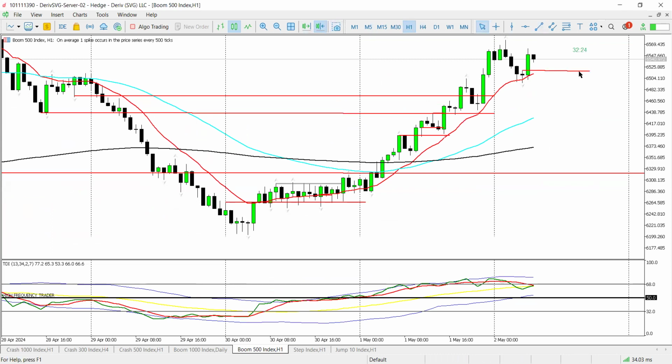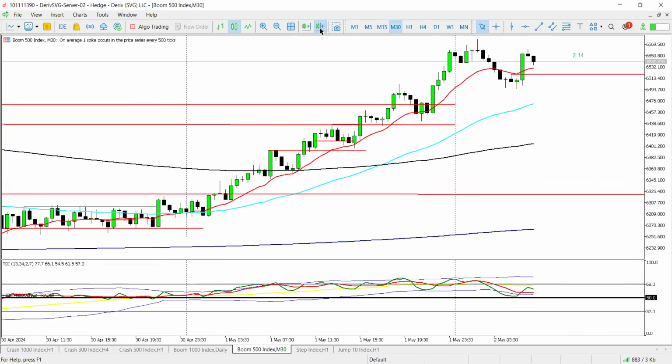On H1, we respected the 13, confirming our bullish bias, sort of a baseline bounce here. We could actually get an impulsive move right now. So the current point of interest, which I see, is just this area where price took off from.